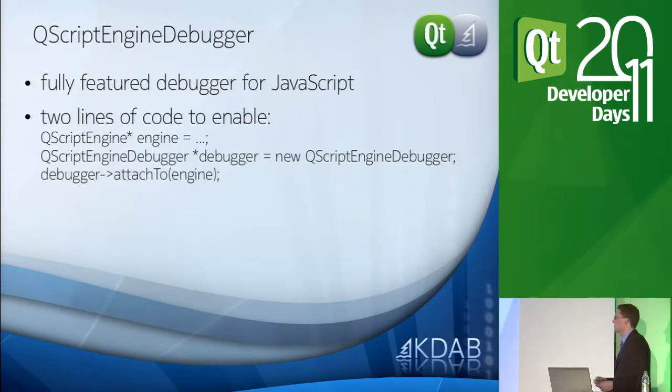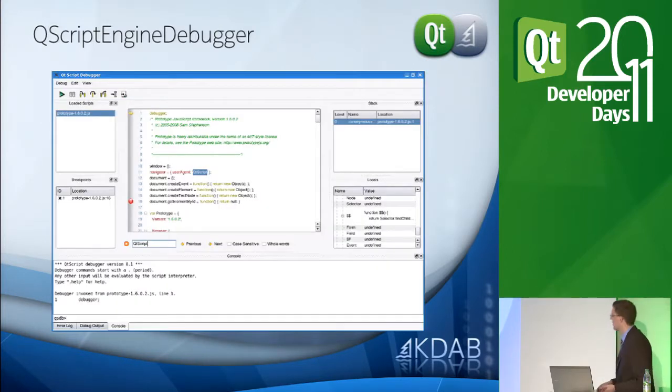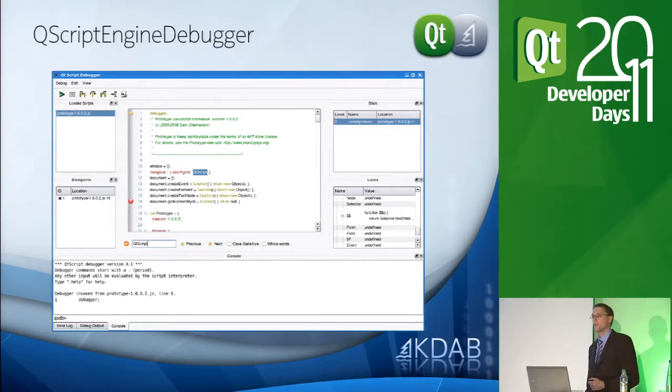And you just need these 3 lines of code to create a new QScriptEngineDebugger. Attach that to a Qt script engine you are using in your application. And what you get is this kind of thing here, complete debugger UI, just 3 lines of code away, and you have a full debugger for JavaScript execution in your Qt application.